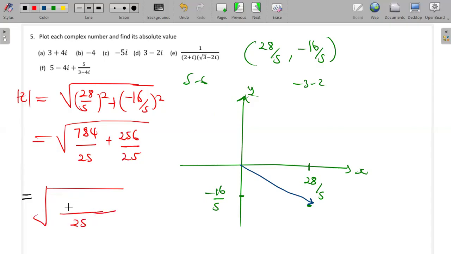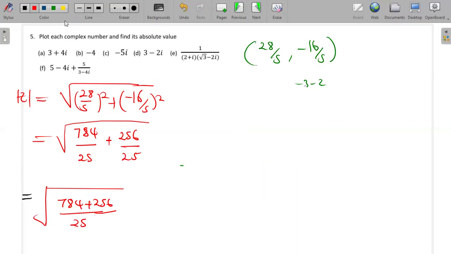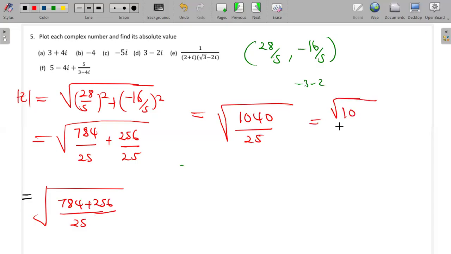Then I'm adding what's in my numerator, that is 784 plus 256, that gives me 1040. So this is going to be equal to the square root of 1040 over 25, and this here is going to be the square root of 1040 over the square root of 25.